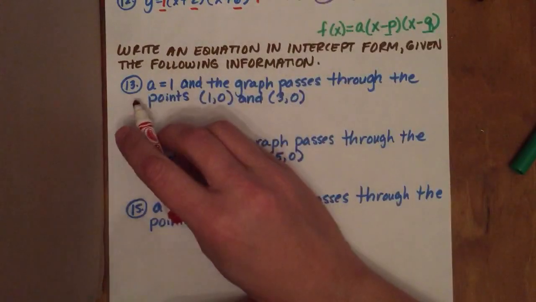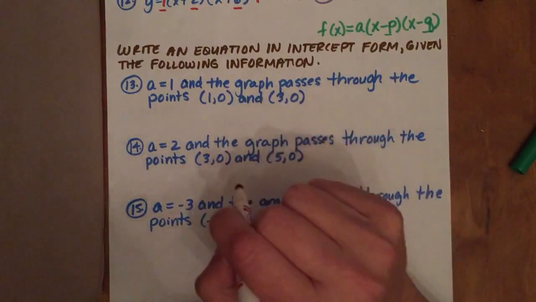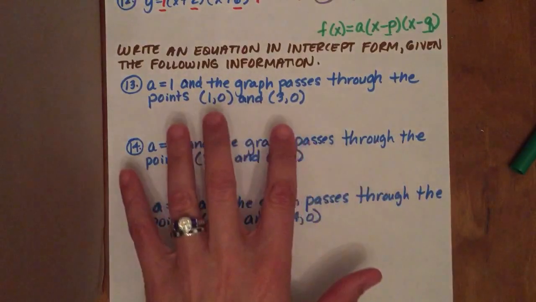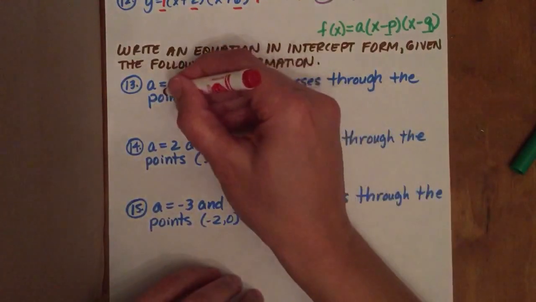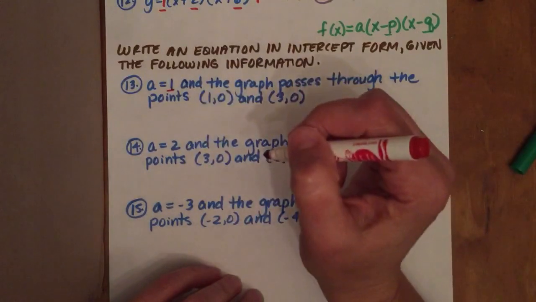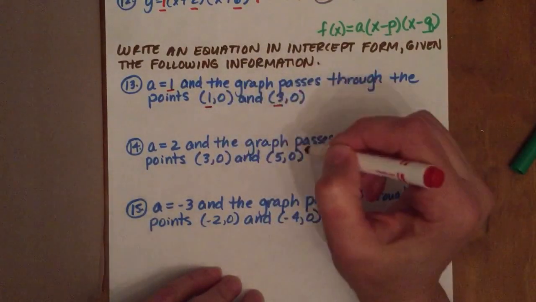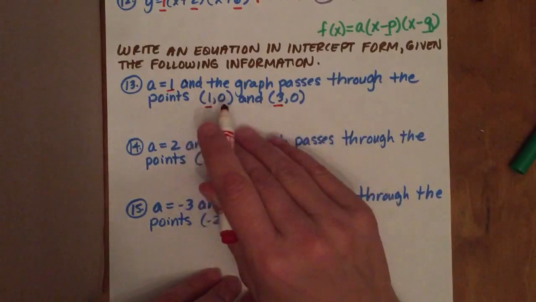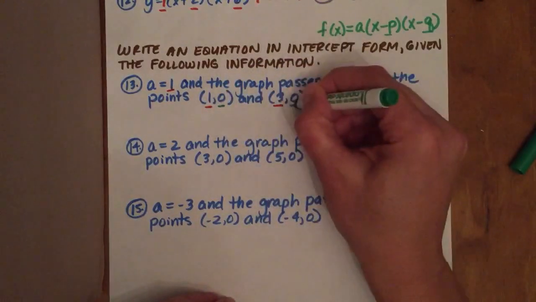Looking at number 13, it says, given this information, can I write an equation in intercept form given these 2 points and this a value? So my a value is 1, and my p value is 1, and my q value is 3. The reason I know that this is my p and q value is because what is the y coordinate for these? 0.